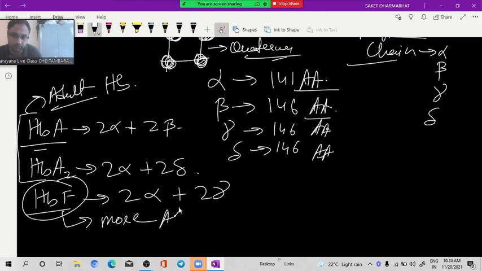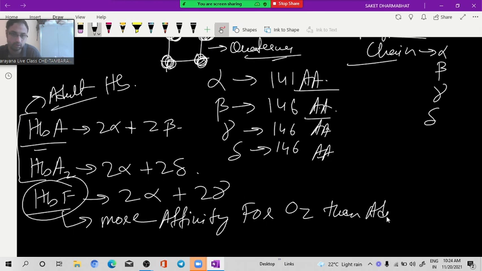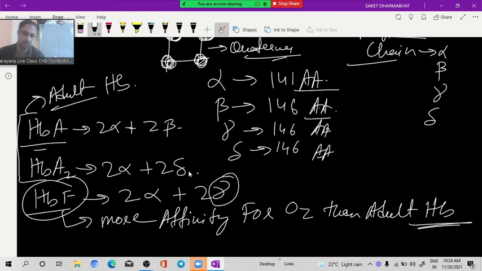Fetal hemoglobin has more affinity for oxygen than adult hemoglobin. Why? Because of which polypeptide chain? Gamma polypeptide chain. This is a special type of hemoglobin given to the fetus.